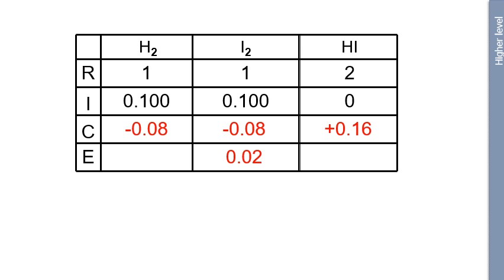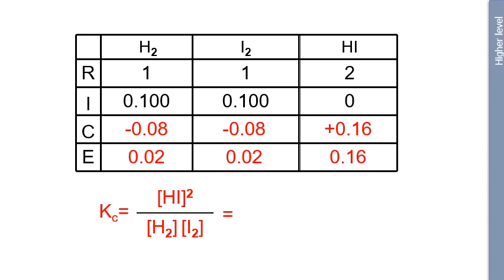And you'll notice that it's going to be plus 0.16 for HI, because you have 2 moles of HI being formed. So 0.08 times 2 is 0.16. So the equilibrium concentration of hydrogen will be the same as the equilibrium concentration of iodine. And of course, HI's gone from 0 to 0.16.